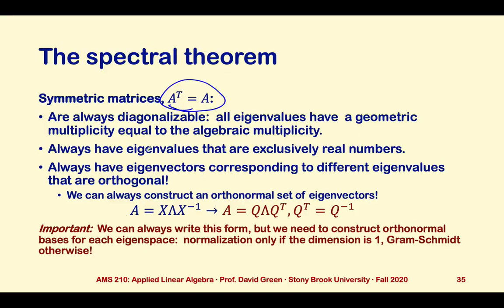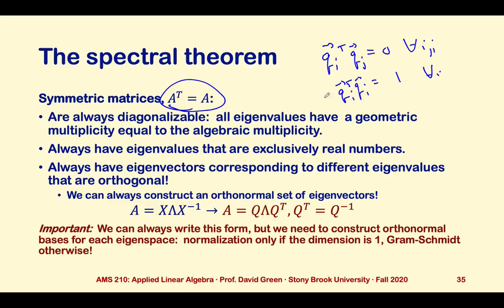If we can do that, then instead of a general X that has eigenvectors, we have a matrix Q that has orthonormal eigenvectors, Qi dot product with Qj equals 0 for all pairs, and their dot product with themselves is equal to 1 for all i, orthogonal and normal.